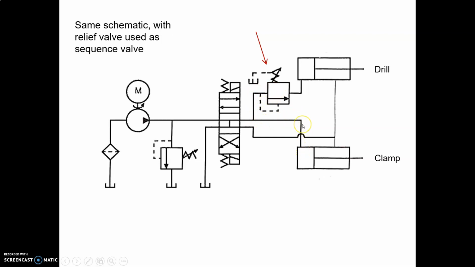The oil, once it had gone as far as it could go, would back up into this pilot operated relief valve, and that would slide this spool over, and now oil would flow into the drill. So this pressure relief valve sets up the sequence. First the clamp clamps, then when it's clamped, the drill will extend. So that's that.